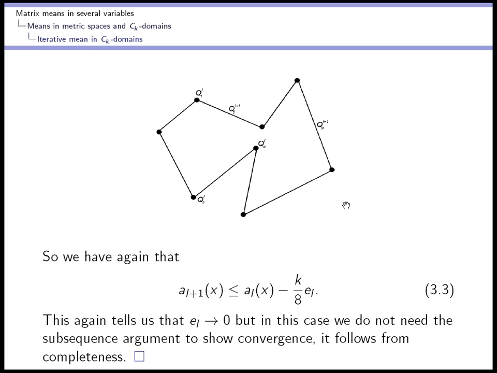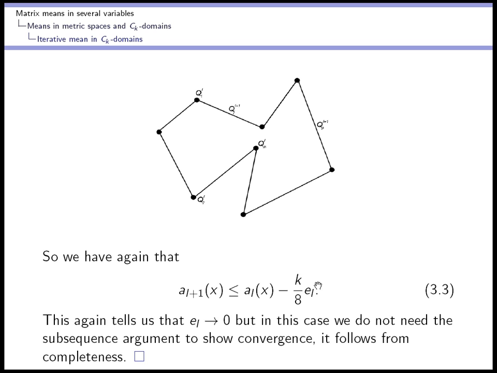Actually, using this inequality, we can prove the convergence to a common limit point. The first step is that A_l(x) is always positive because it is the sum of squared distances. We have that this A_l(x) is a decreasing sequence, and it is bounded from below by 0. Therefore, it is convergent.